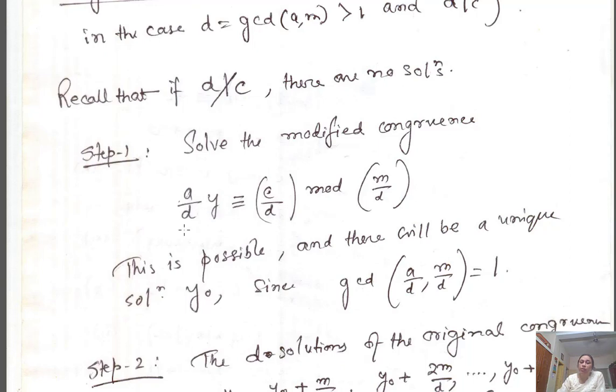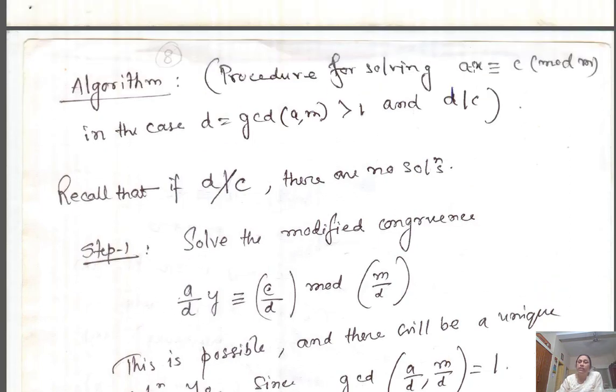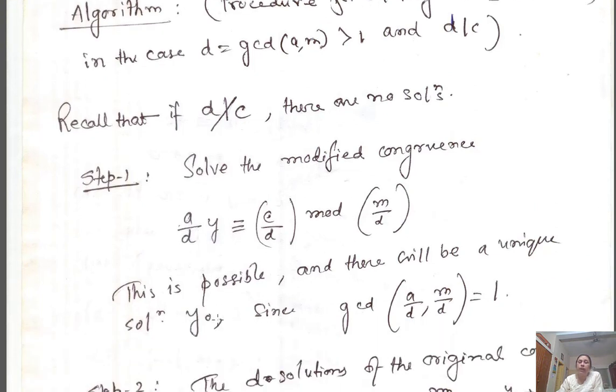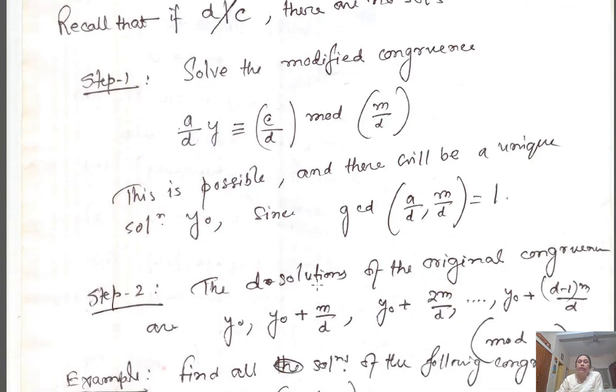Whenever a over d and m over d are co-prime, this equation has a unique solution, which we denote by y naught. So this is your first step: given this equation, you convert it into this equation which has a unique solution y naught, since the GCD of a over d and m over d is 1.